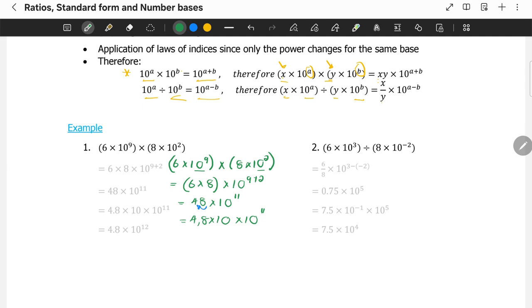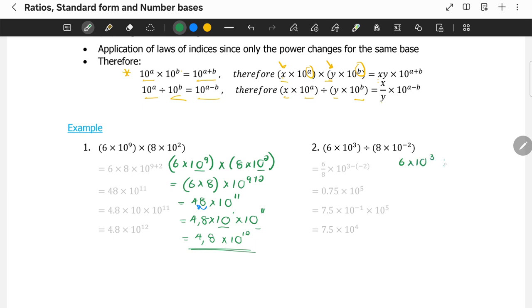And again, we now have 10 to the power 1 times 10 to the power 11 multiplying. So we add the powers, 4.8 times 10 to the power 12. That's the answer.